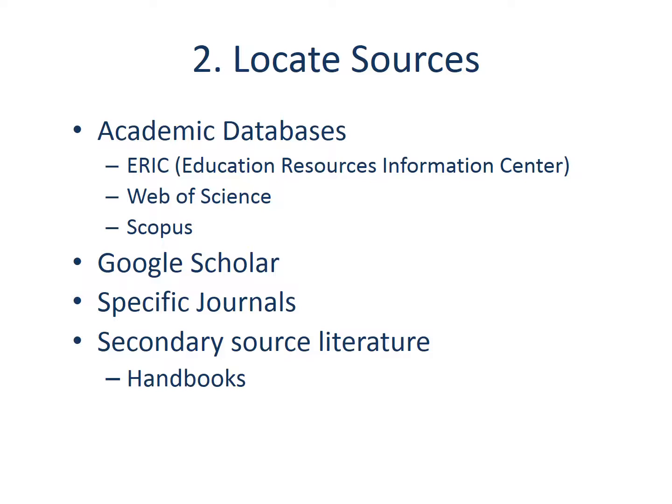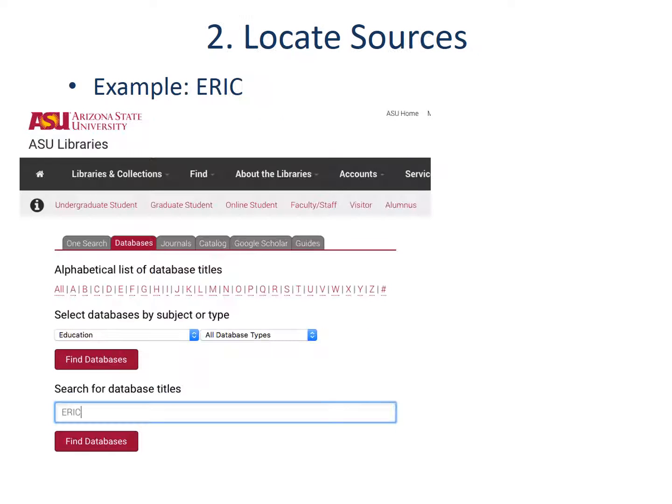Another tip is to use secondary source literature, particularly handbooks. You can look at the works that are discussed and cited in those handbooks, and a lot of times you can identify key and traditional literature in the topic area in a short amount of time by using those sources.